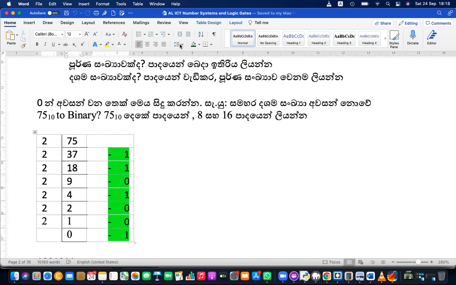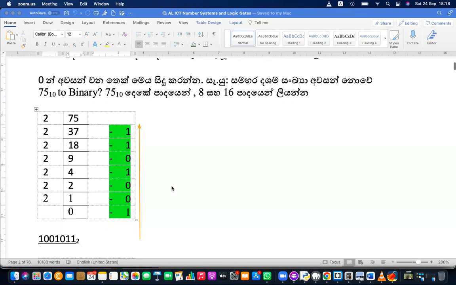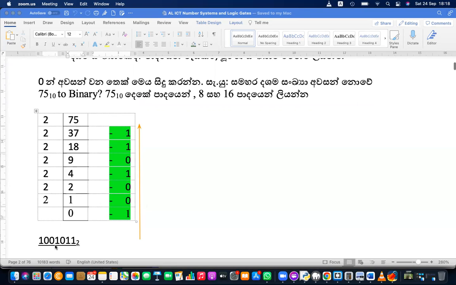I think we have learned this in the previous grades, but I'm just recalling it. Taking from bottom to top, the value will be 1001011. So that is the represented value. Okay, I hope this is clear.